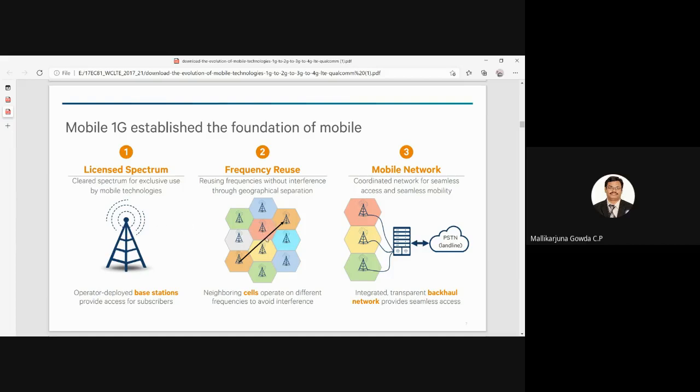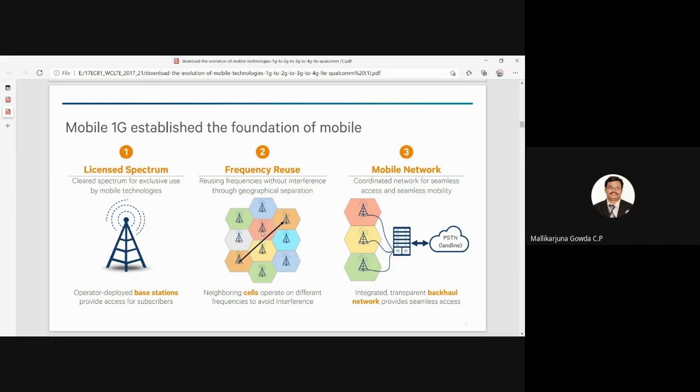The regulatory authority assigns a particular spectrum to each operator for this particular application. So within that only, it has to be reused without getting interference from the neighbor cells.